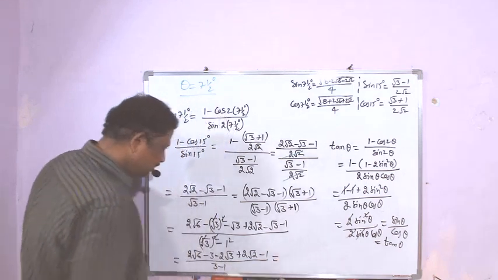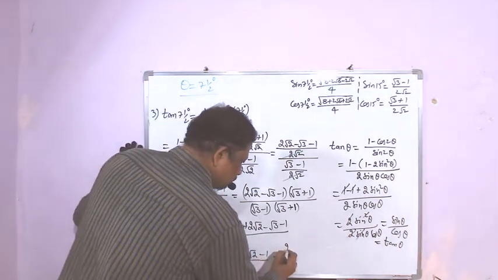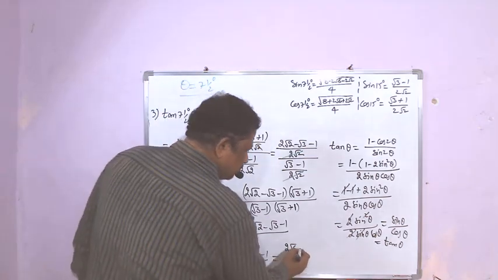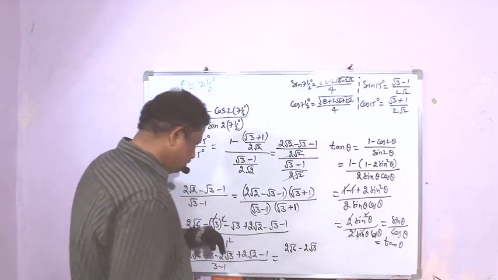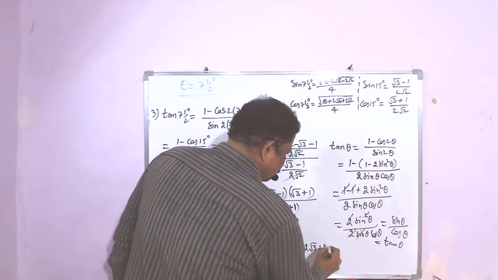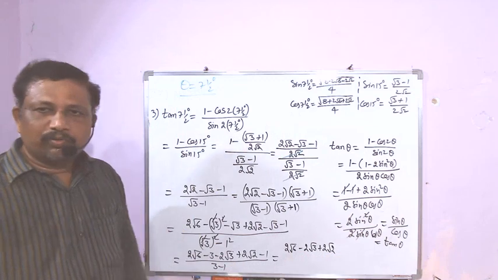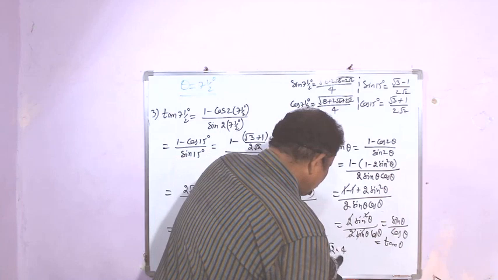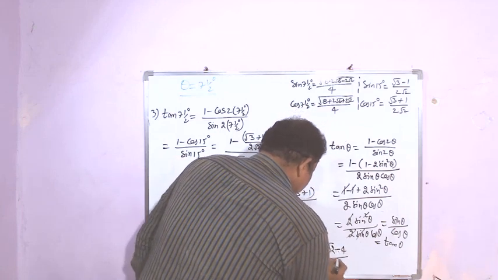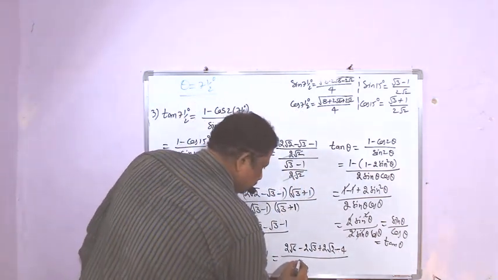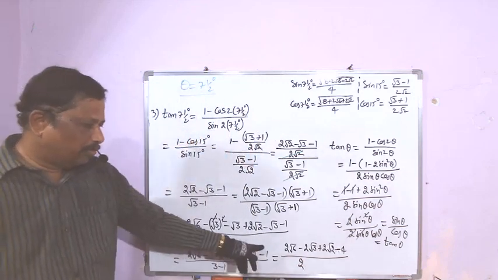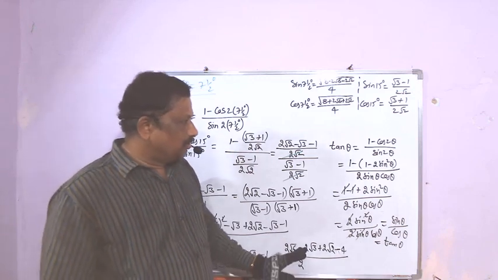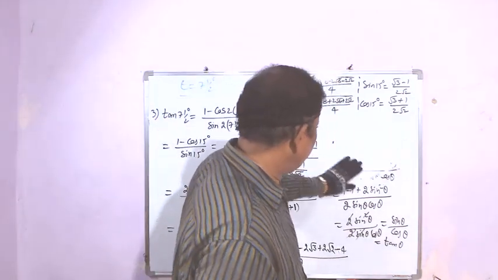So finally what we get here? 2 root 6 minus 2 root 3 plus 2 root 2. Here you see minus 3 minus 1 will become minus 4. And whole divided by what will we get? 3 minus 1, 2 will get. Okay. So now above we can take out the 2 common and cancel both sides.